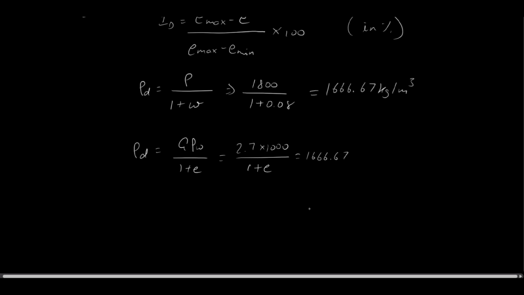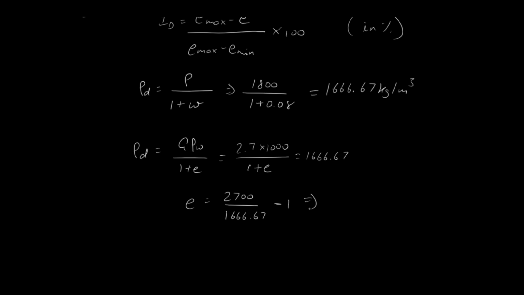which is equal to 1666.67. So from this, e will be equal to 2700 divided by 1666.67, minus 1.